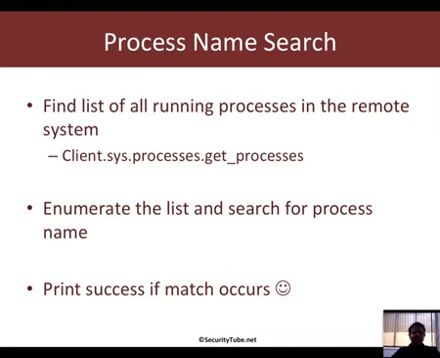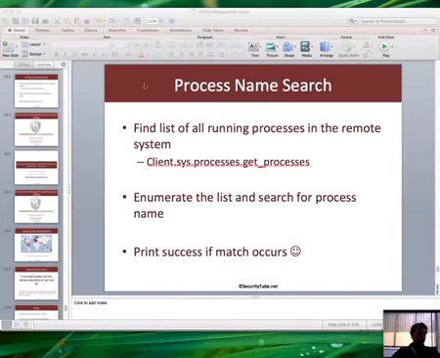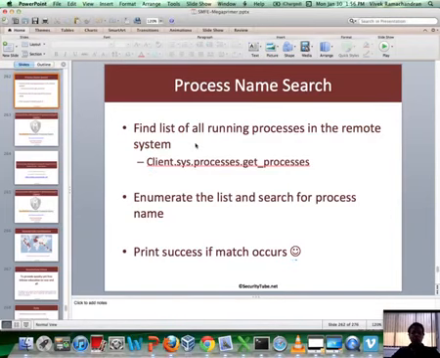And this script will tell us by looking into the list of all currently running processes if notepad.exe is running on the system or not. So how do you go about it? As I've already told you, the first step is to find process by name.